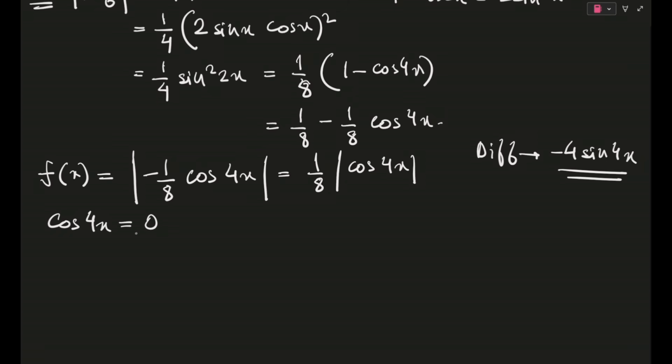We need the points of intersection with the x-axis, the roots. So from here, cos 4x is equal to 0. I'm directly writing the result. It's 4x, right? Cos 0 is 1, cos pi by 2 is 0. So multiples of pi by 2, and 4 is there. I guess this will be x equals 2k plus 1 times pi by 8.